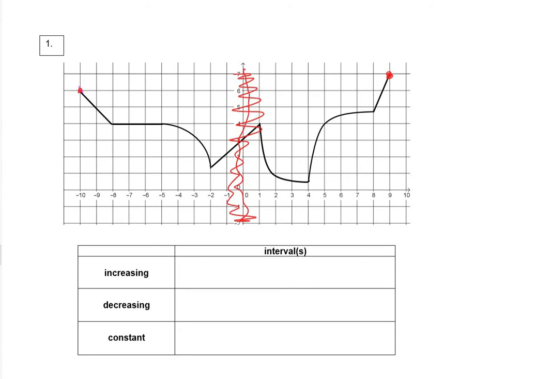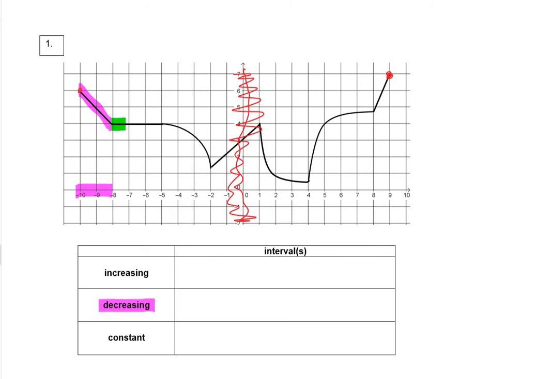Okay, I'm going to start as far left as I can and just follow the graph. And as you can see here, I'm going down, so that is decreasing. I'm going to highlight that pink, and I'm also going to highlight this part of the x-axis pink as well, so I can see that they match up.